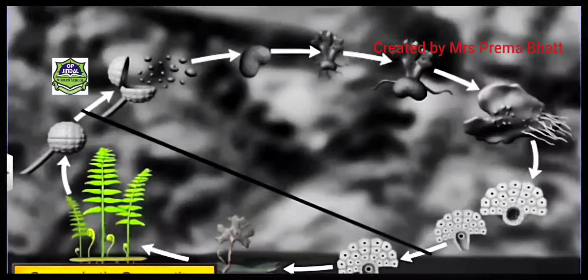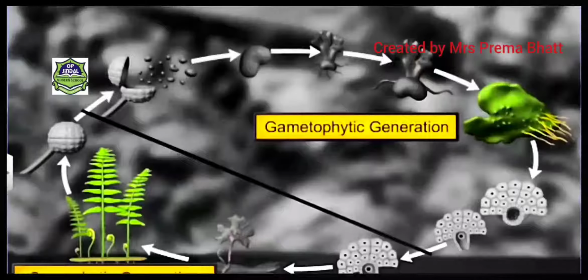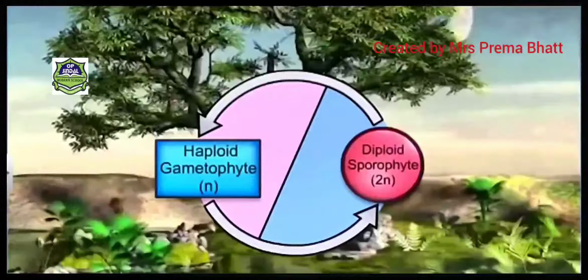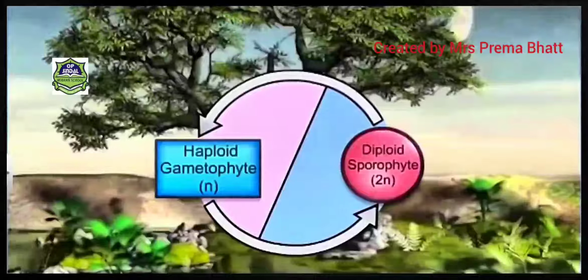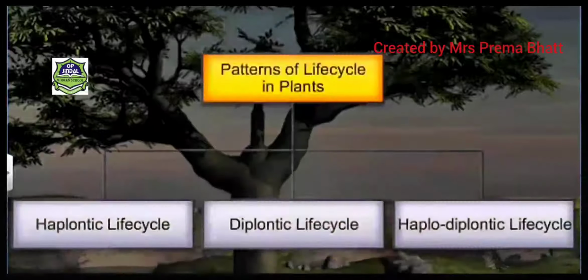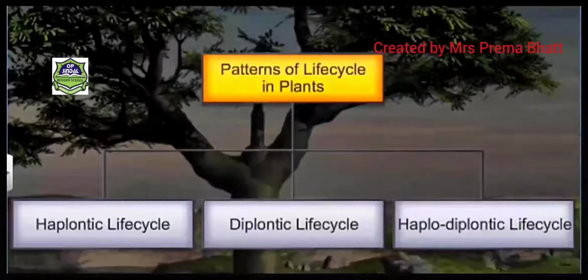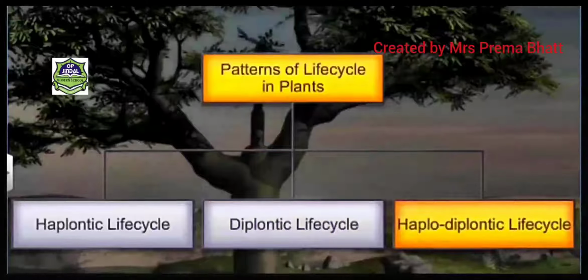So this is the alternation of generation. There are different variations in the sporophytic and gametophytic dominance. Based on the dominance, the gametophyte may be dominant or the sporophyte may be dominant. So on the basis of the dominance of gametophyte or sporophyte, the patterns of life cycle in plants may be haplontic, diplontic or haplodiplontic.